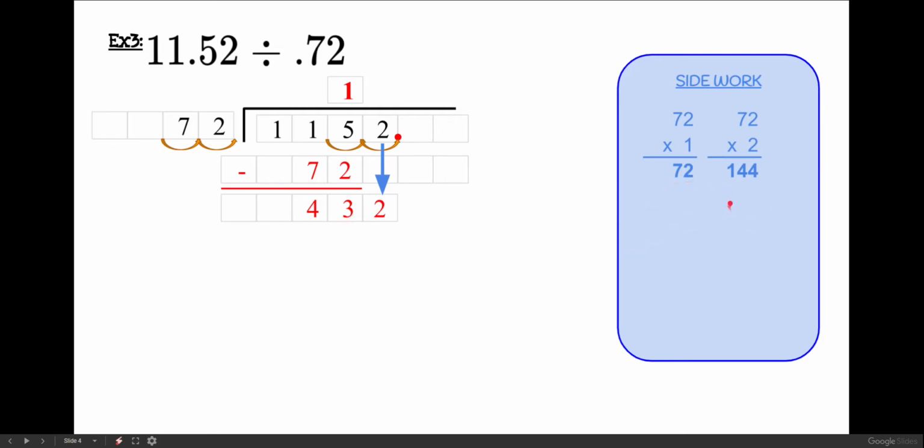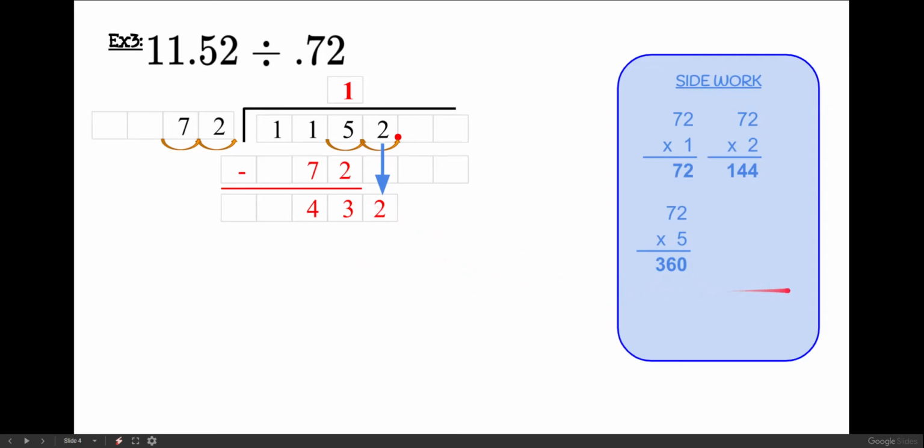Now, thankfully, from our side work, we know what 72 times 2 is, so we can kind of estimate what the number should be. So how many times can 72 go into 432? Let's try 72 times 5. All right. So 5 times 72 is 360, if you figured that out. So 360, that's low.